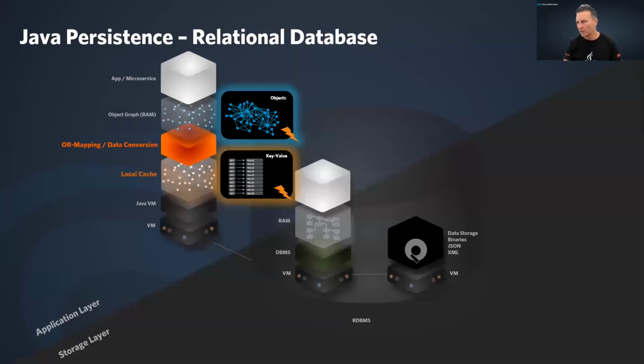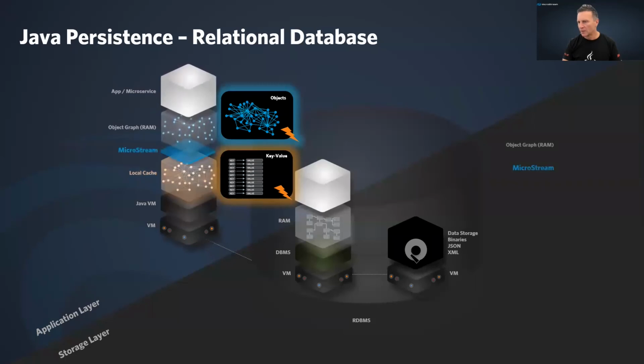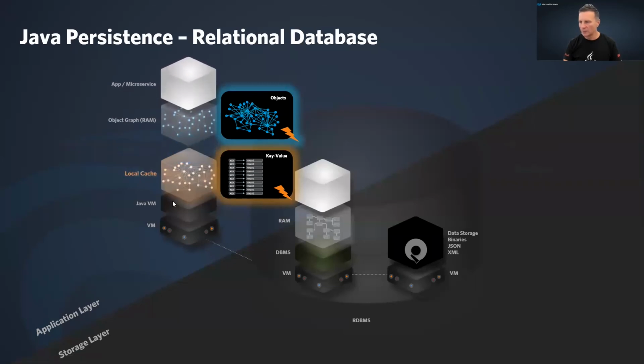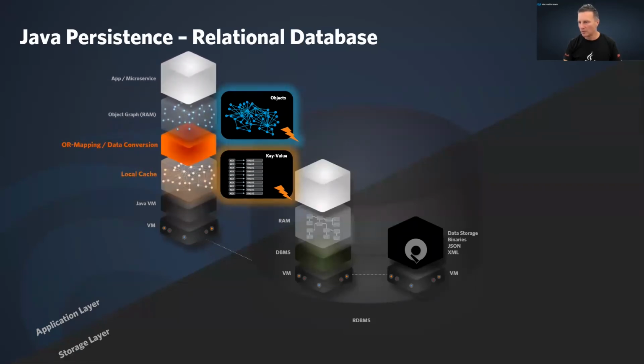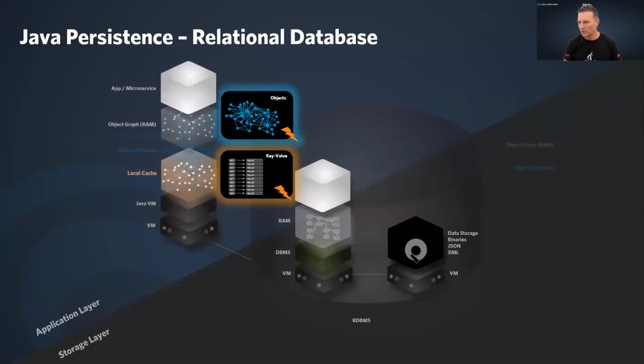And what have we done with MicroStream? So let's go back to a persistent slide with the Java application here and the database, and let's have a look again inside the black box. What we did with MicroStream is we replaced Hibernate or object-relational mapping or any data conversion with MicroStream.